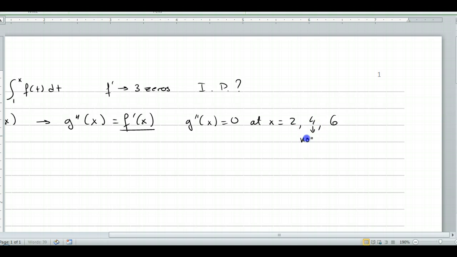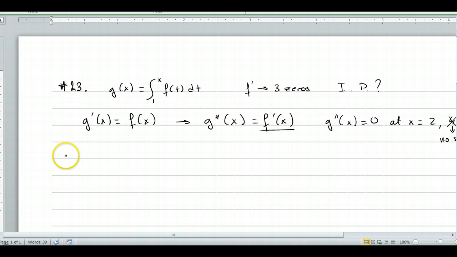At 4 there is no sign change, meaning g second stays negative on either side of 4. That means g is concave down on either side of 4, so this is not an inflection point. So it's only at 2 and 6, therefore the answer should be D.